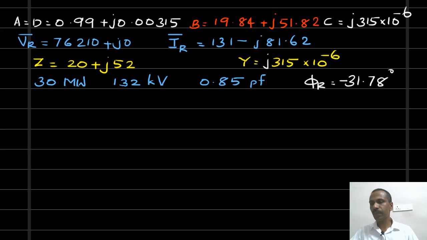Now we got ABCD constants and receiving end voltage and receiving end current. We can easily find out the sending end voltage. The sending end voltage, in terms of ABCD constants, is A into VR plus B into IR.